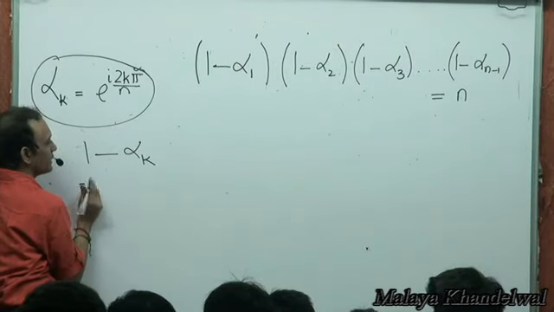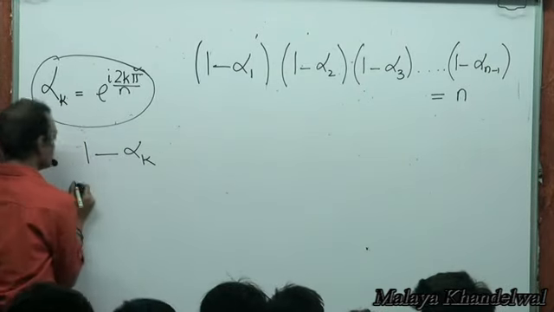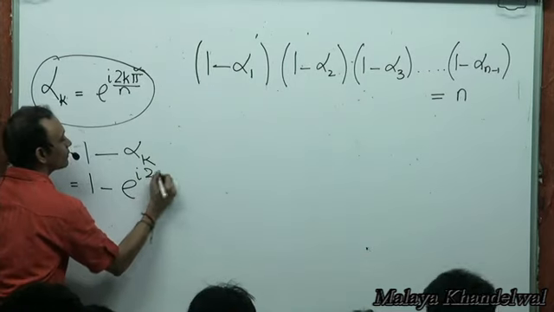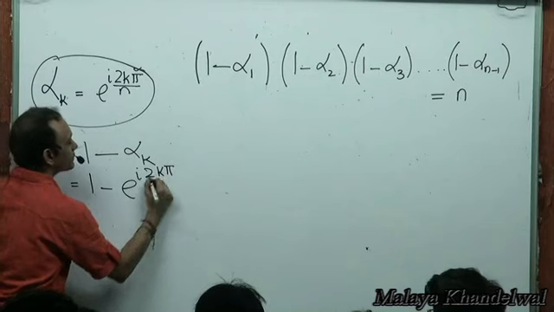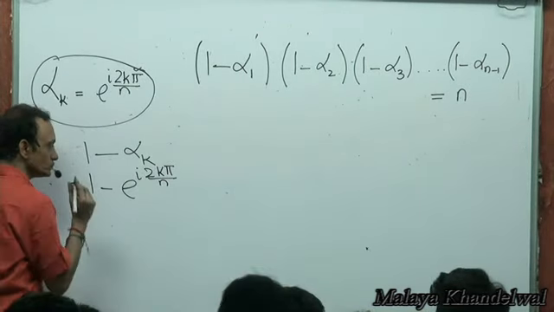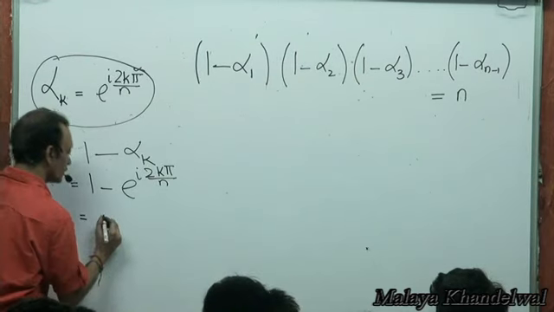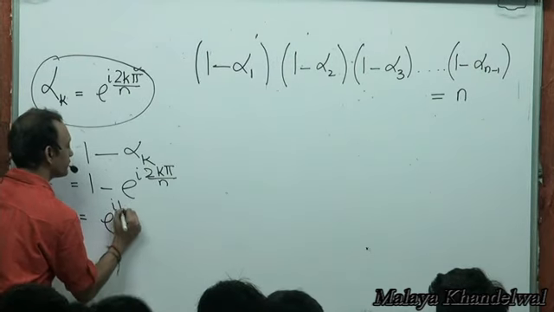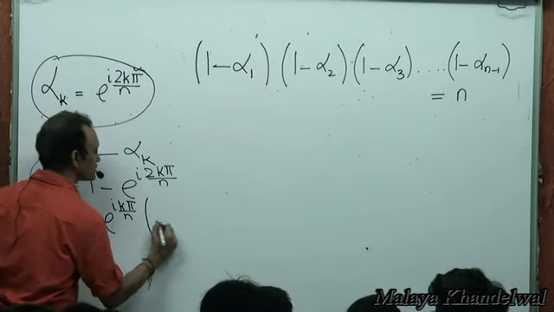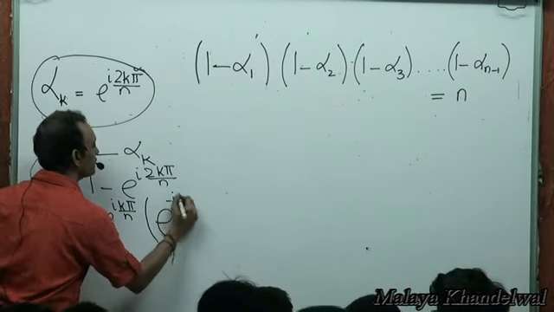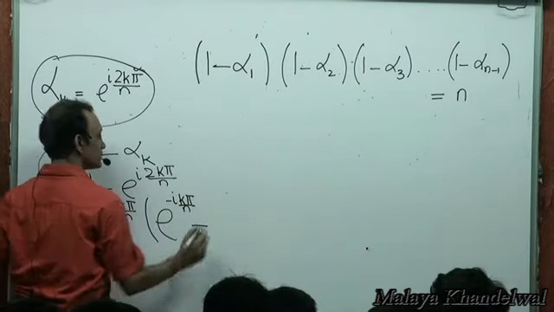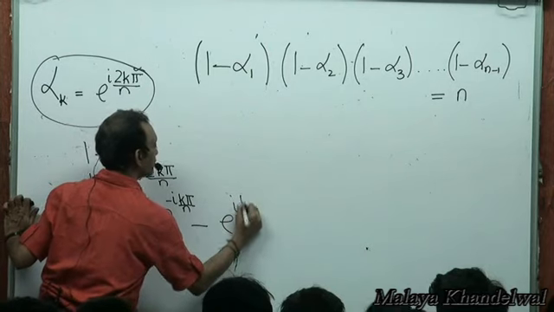1 minus alpha k is like 1 minus e to the power i 2k pi by n. Yes or no? Which is like e to the power i k pi by n if I take it common, then inside the parenthesis e to the power minus i k pi by n minus e to the power i k pi by n.